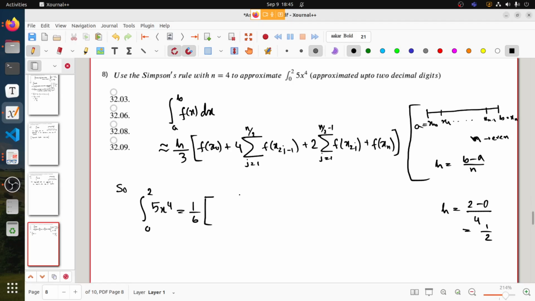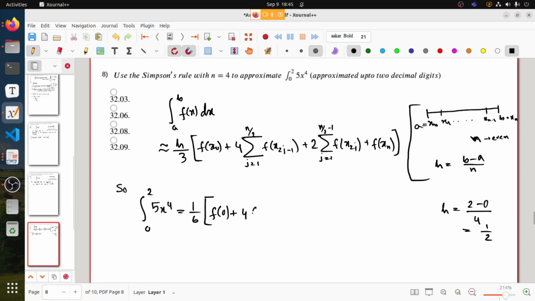And now what are the points? So f of x naught means f of 0, right? So f of 0 plus 4 f of half, the 0 plus half, for the odd case 4 is there as the coefficient because it is x1.